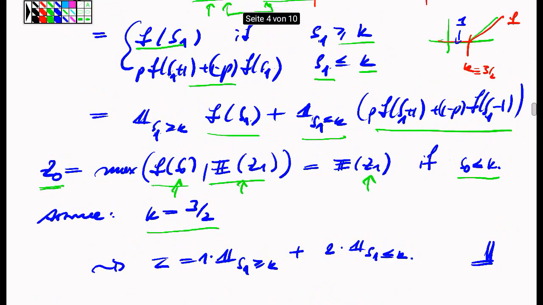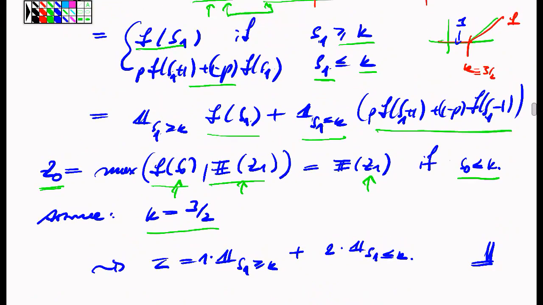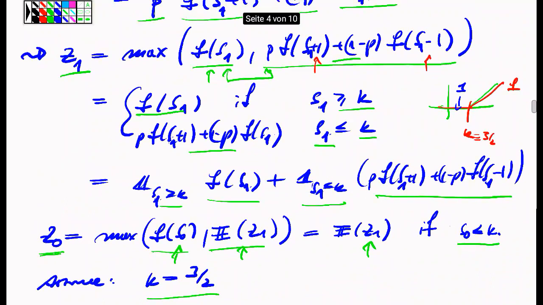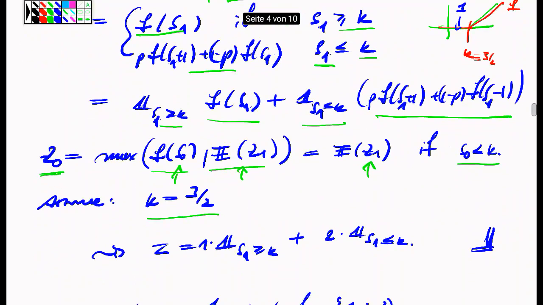And we see that the Z1 random variable coincides with the payoff function f of S1 in case when S1 is greater or equal to k. And this means that we execute at this moment of time. But if S1 is not bigger or equal to k, then we wait and execute at a later moment of time.